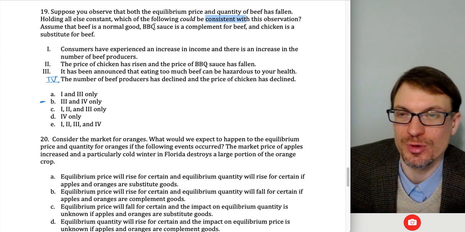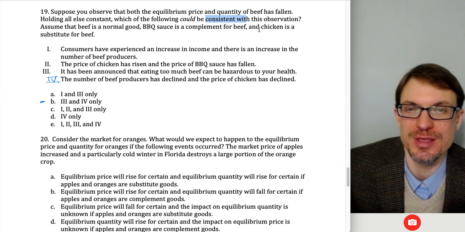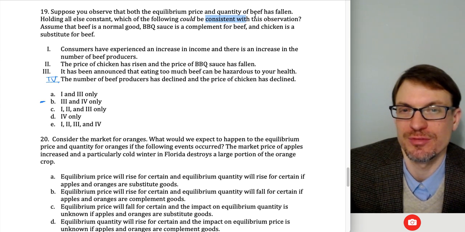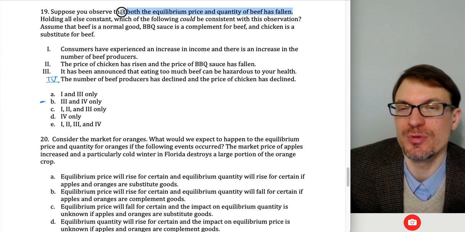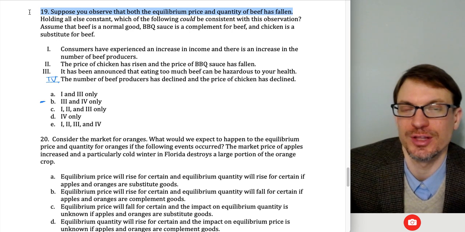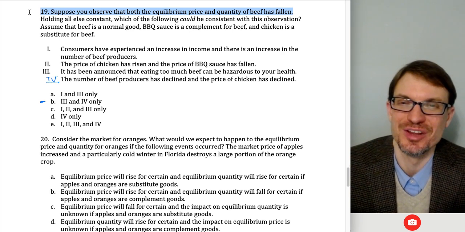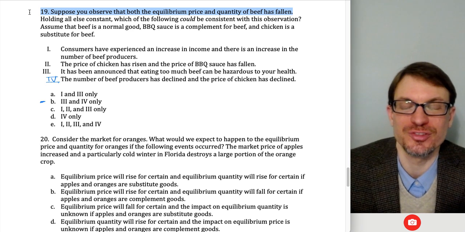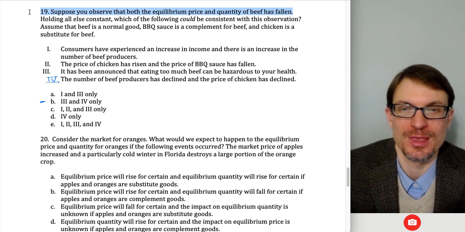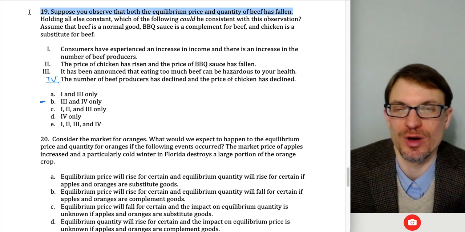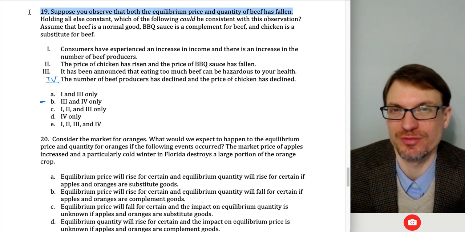Assume that beef is a normal good, barbecue sauce is a complement for beef, and chicken is a substitute for beef. We observe the equilibrium price and quantity of beef have fallen. Now, without doing anything further, what do we know? By virtue of the fact that we see price and quantity both having fallen, demand must have shifted to the left.